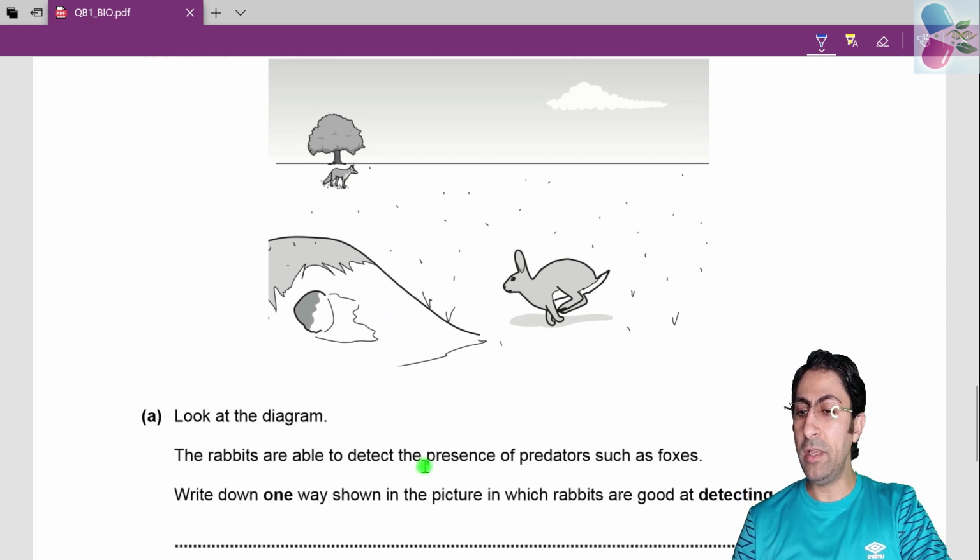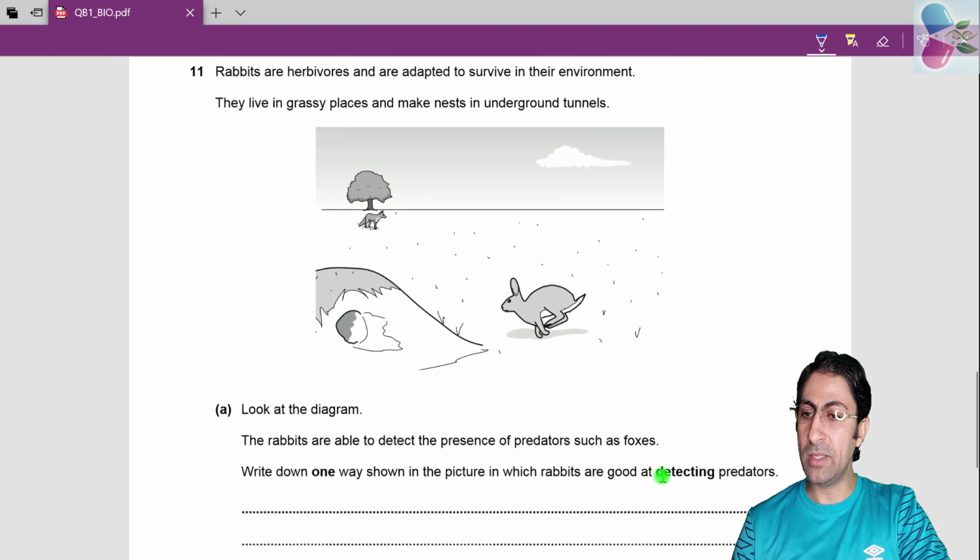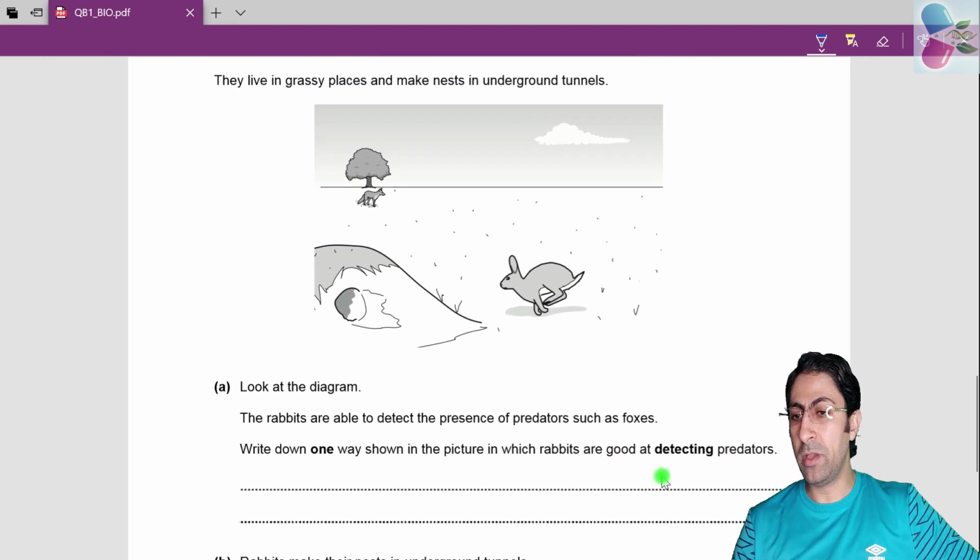Write down one way shown in the picture in which rabbits are good at detecting predators. Of course, from this picture, we can say that it has bigger ears, and also the position of the eye is very important for them so they can see the predators properly.